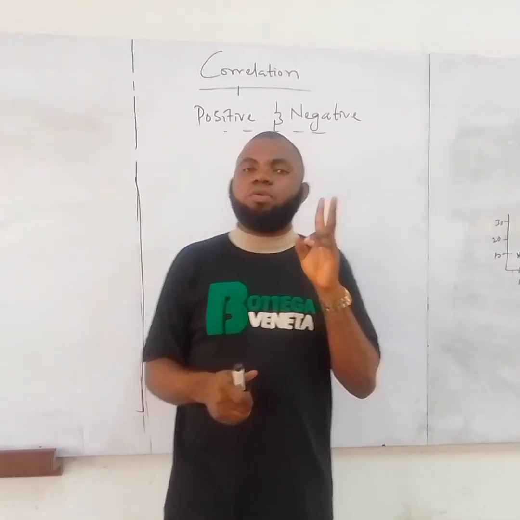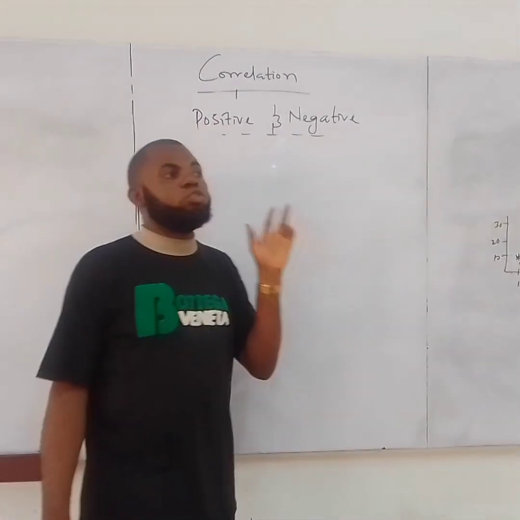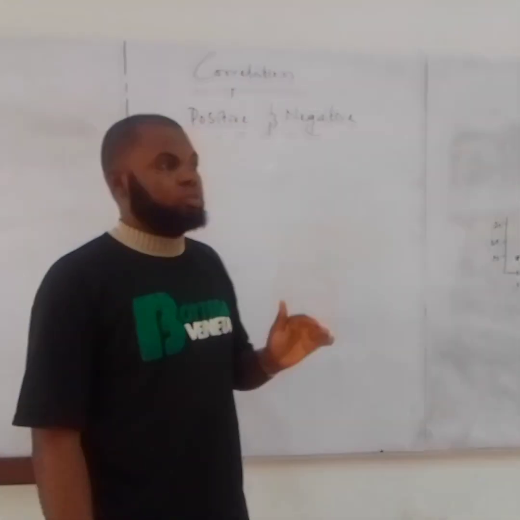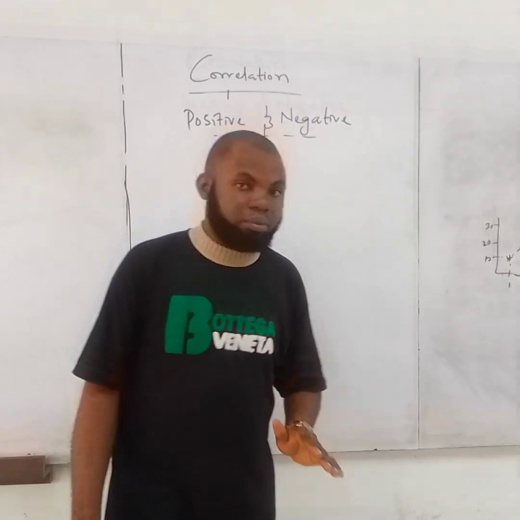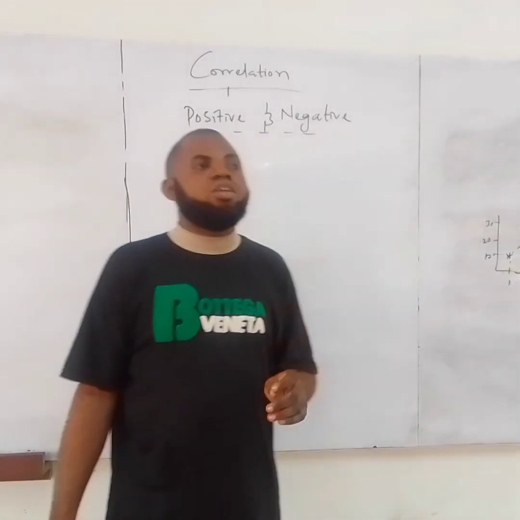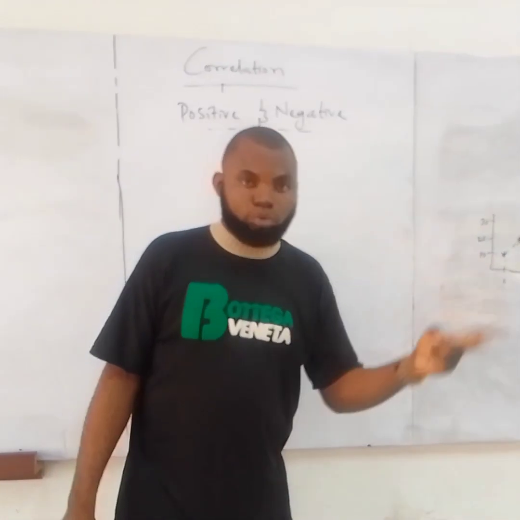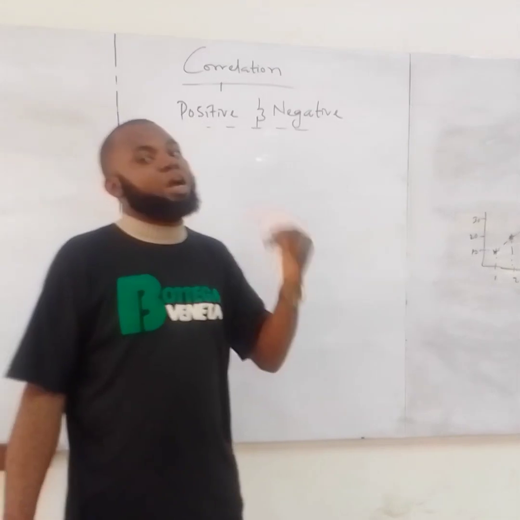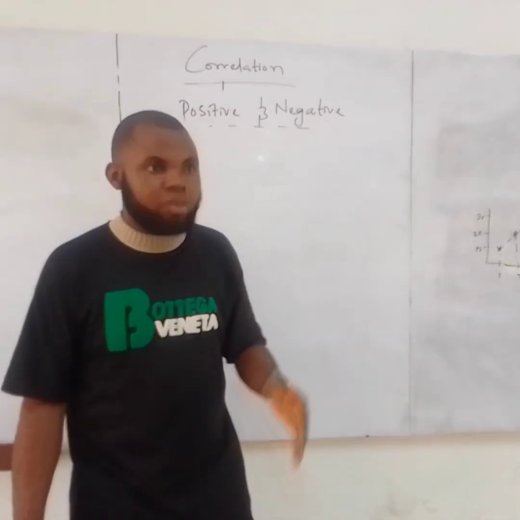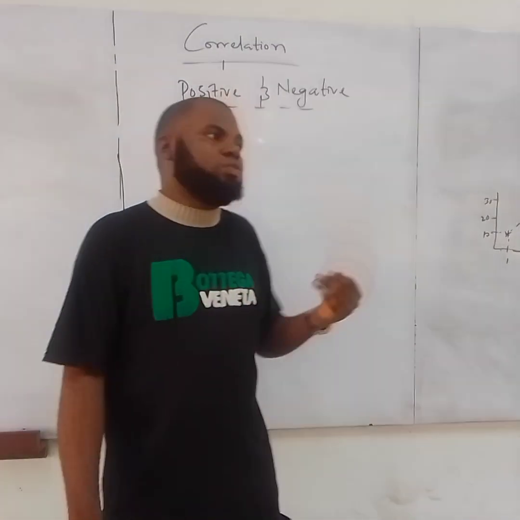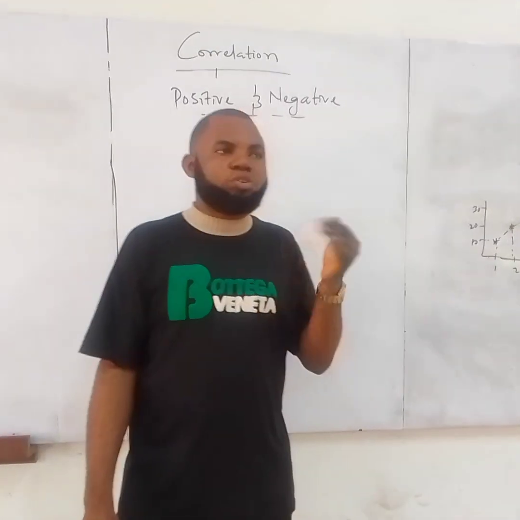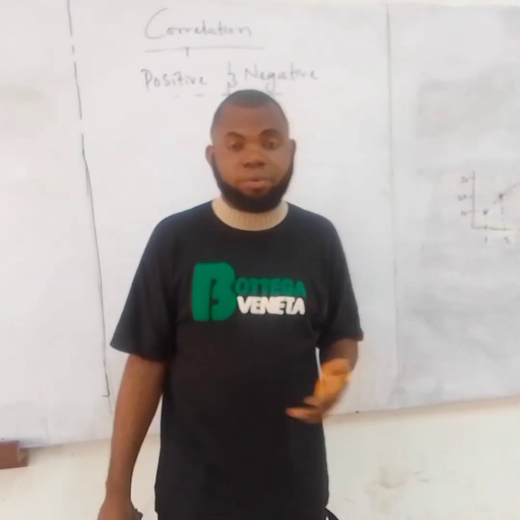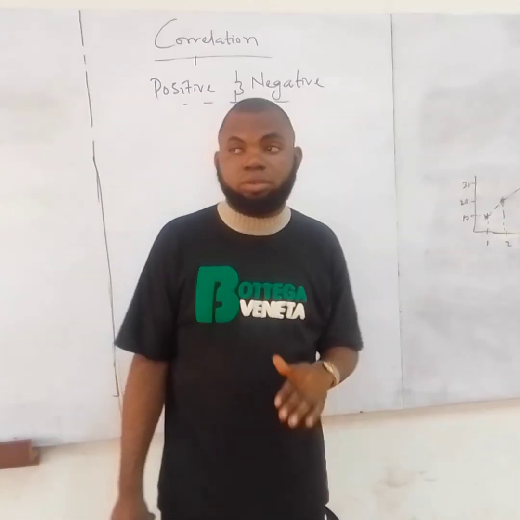If the two related variables in a correlation analysis move in the same direction, then you can say there is a positive relationship. But if the two related variables move in opposite directions, then there is a negative relationship between them.